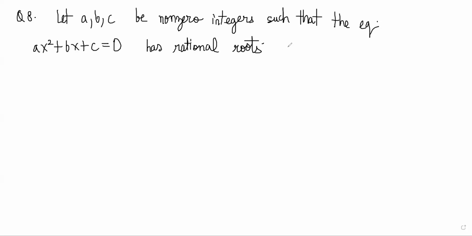You have to prove that b square is less than or equal to (ac plus 1) whole square. So let's try to think about this.